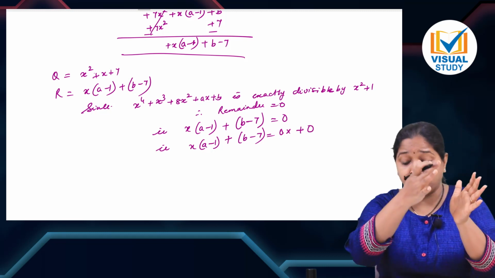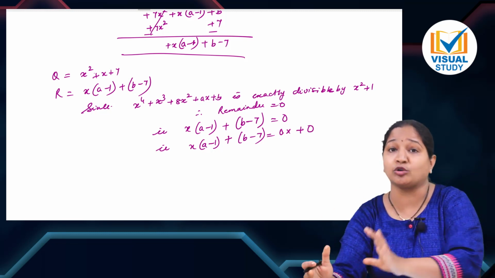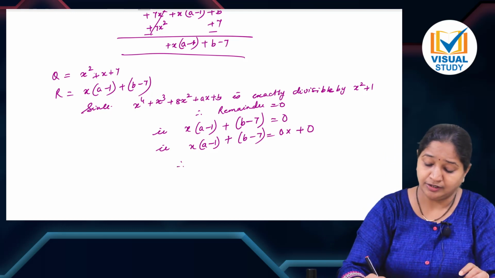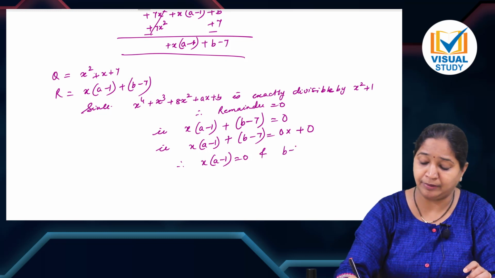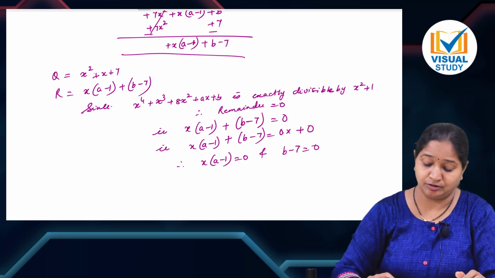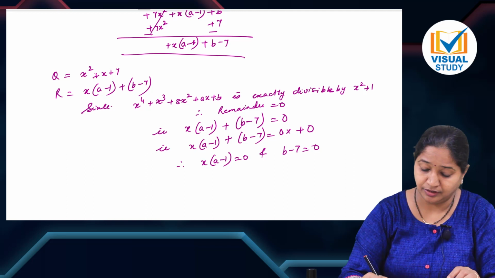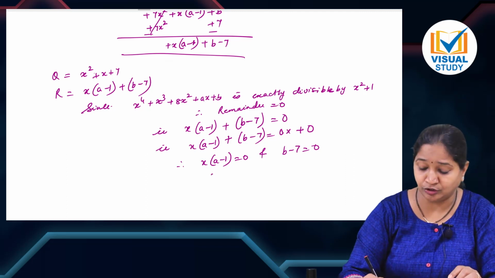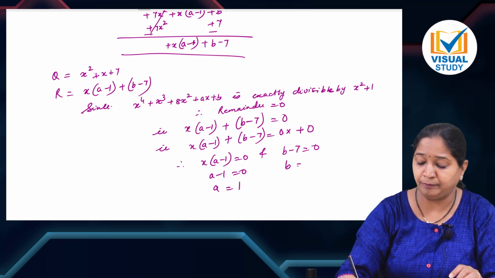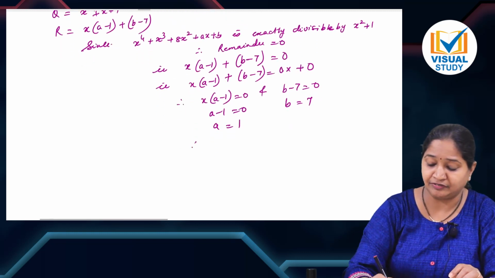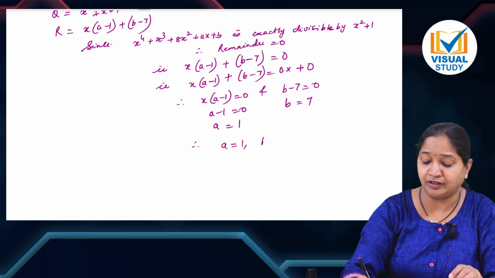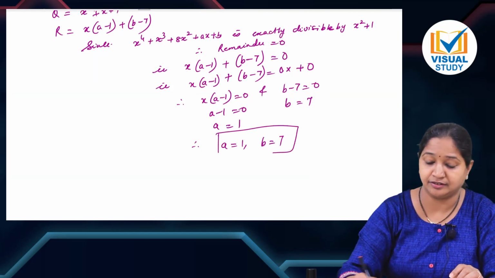That means we can compare with the x and you can compare with the constant term. Therefore, x into a minus 1 equal to 0 and b minus 7 equal to 0. You can take this x this side, so you get only a minus 1 equal to 0 and a equal to 1 and b is equal to 7. In this way, we have got a equal to 1 and b equal to 7.